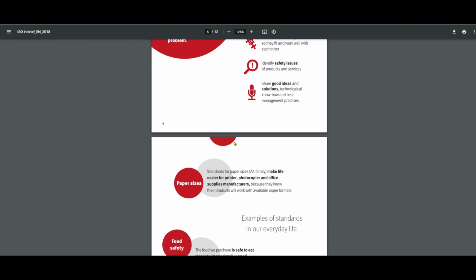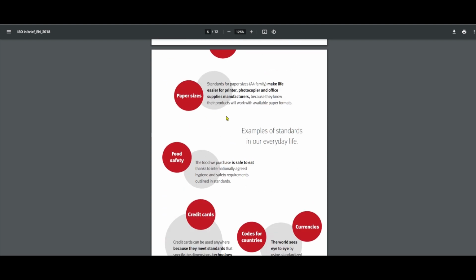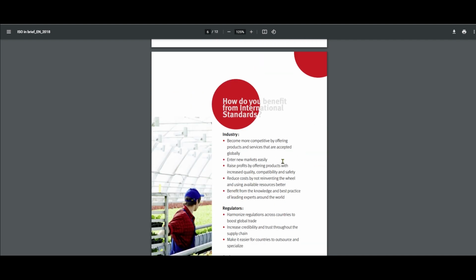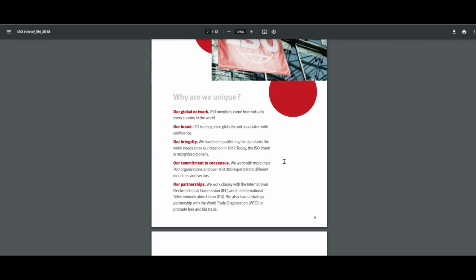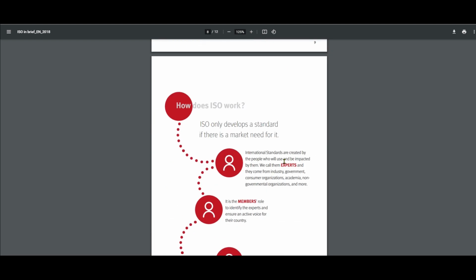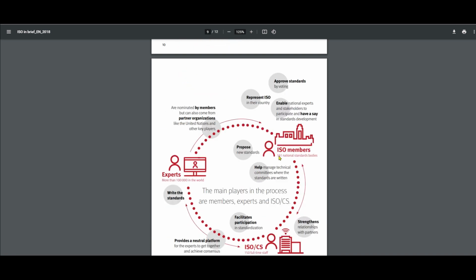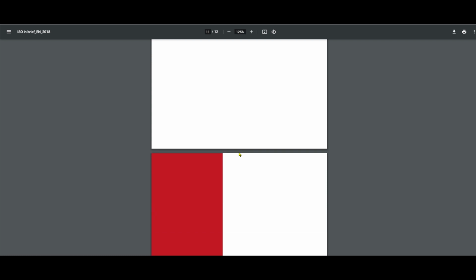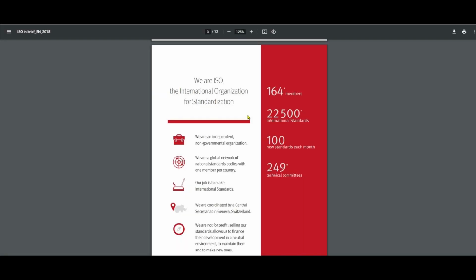They're involved in lots of things, such as standards for paper sizes, like the A4 size, food safety, credit cards, codes for countries, currencies, and it also standardizes the sensitivity of the sensor in the cameras.